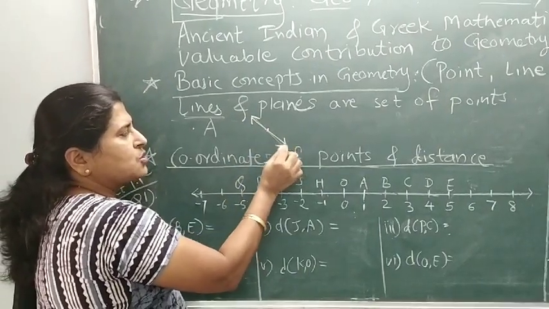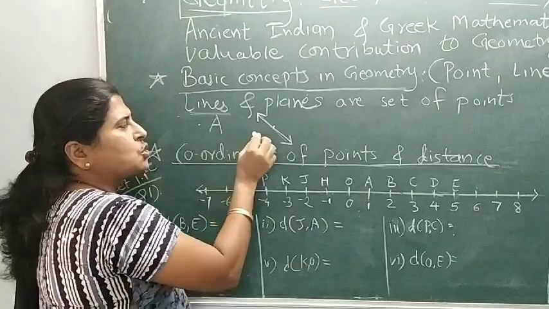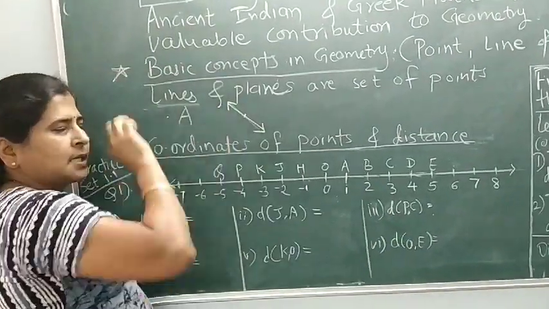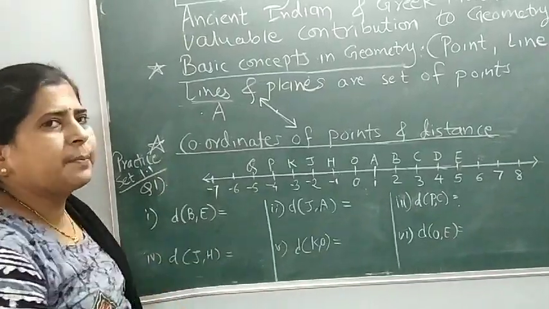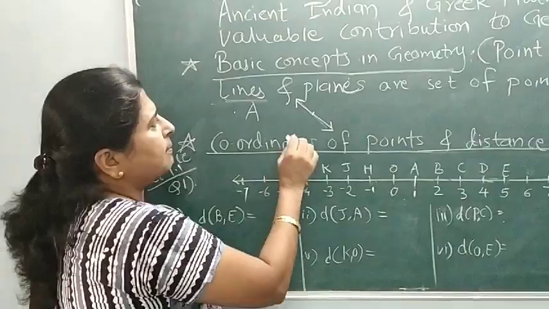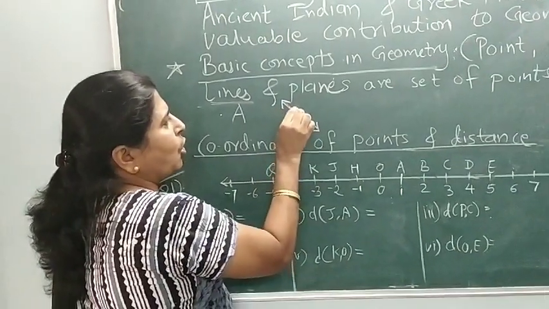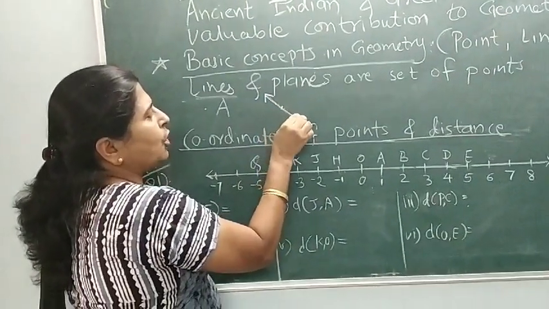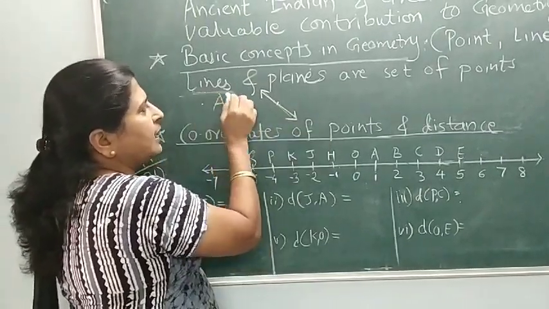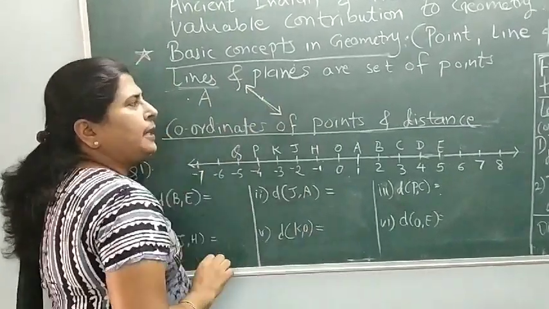My dear friends, these two arrows on both sides show that this line is extendable on both sides. We'll come to this concept in depth later on, but this line is nothing but a set of points. All these points on it make up a line. And what is a plane?